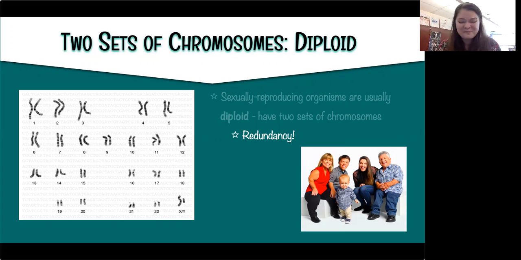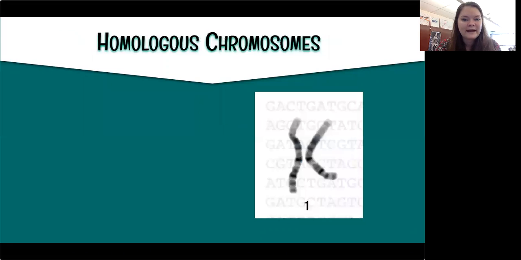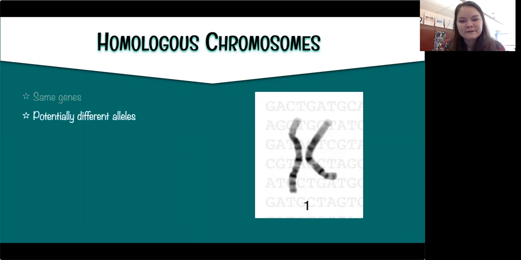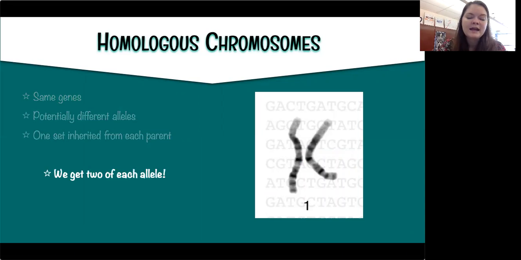We're hopefully guaranteed to get one that does work, or at least the odds are way more in our favor. And so what these are called are homologous chromosomes, and they are the chromosomes that have all the same genes, but potentially different alleles. Again, one from each parent, and that's going to allow for any kind of errors to be hidden behind the fact that we do have a functional one.